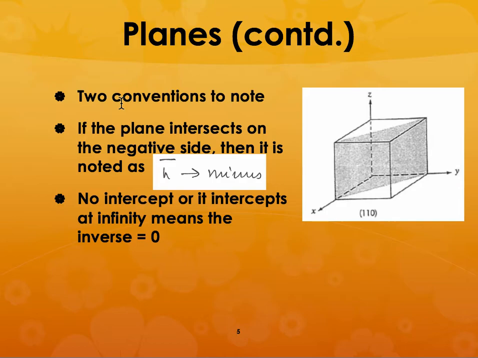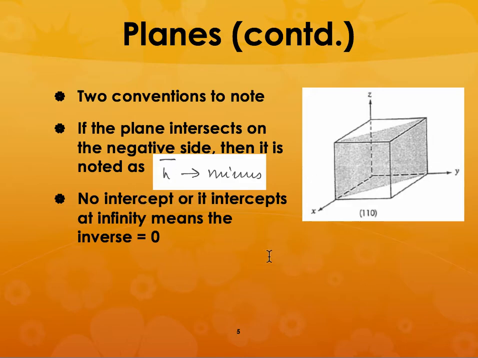And again, just like in the case of directions, there are two conventions to note. If the plane intersects on the negative side, then that number alone is called H bar, which represents the minus part of the intercept.